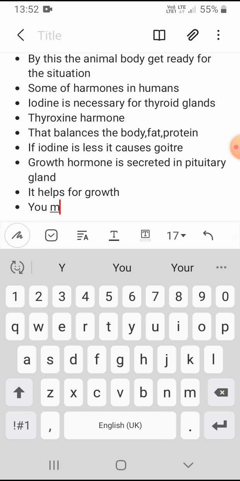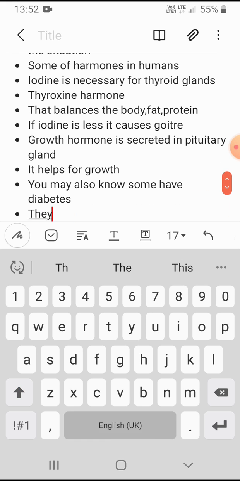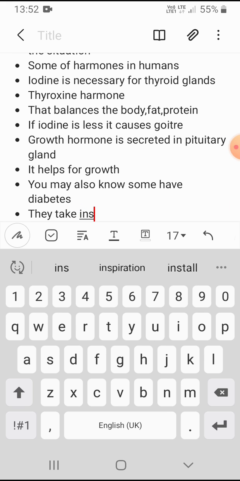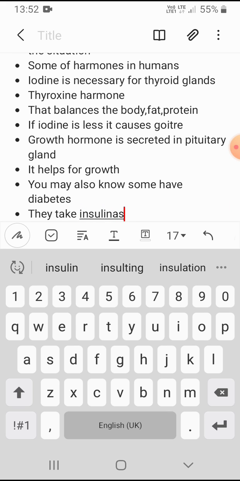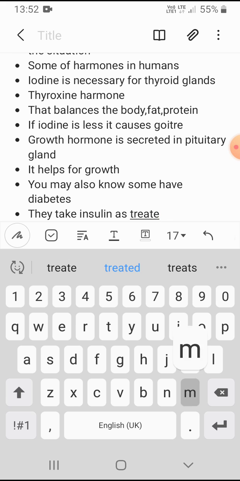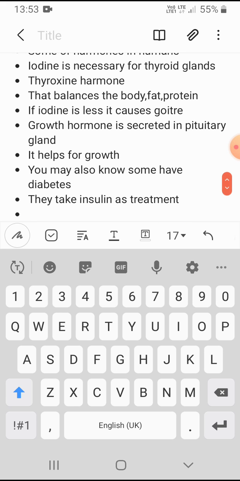So you may also know some people have diabetes. They take insulin as treatment for that.